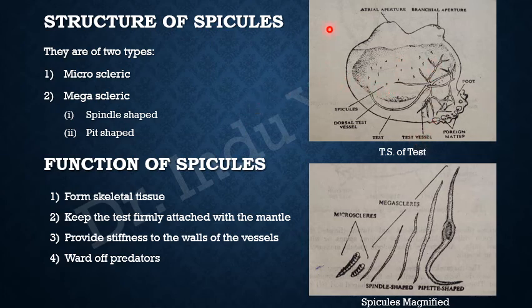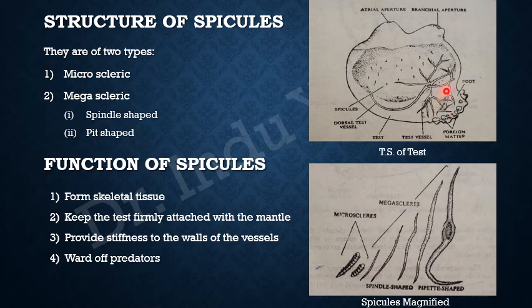Now here in this diagram, TS of test, again the relation of the animal and the relation of the things embedded in the test is shown, because the structure of spicules we are doing. So first we should know where the spicules are situated. So in this diagram you can see the whole animal, the above body and the foot below, and the body has atrial and branchial aperture, and these are the test vessels which we have discussed before.